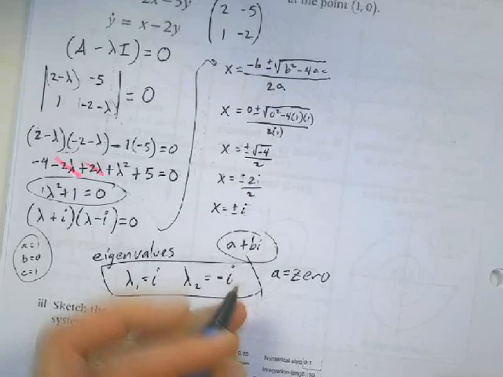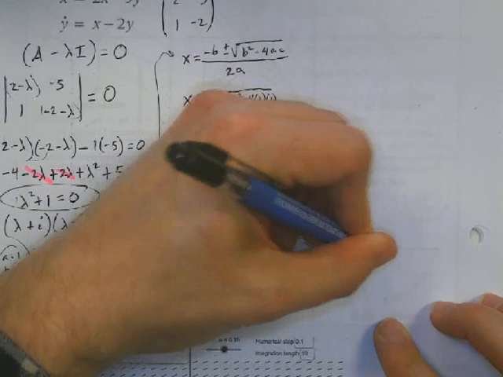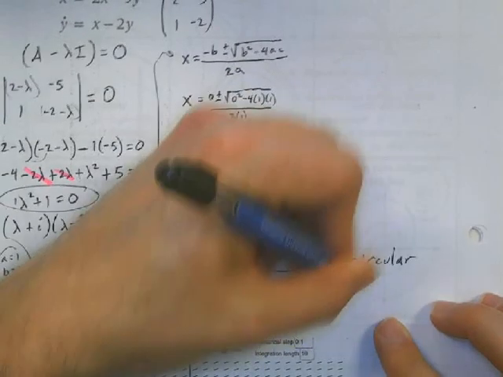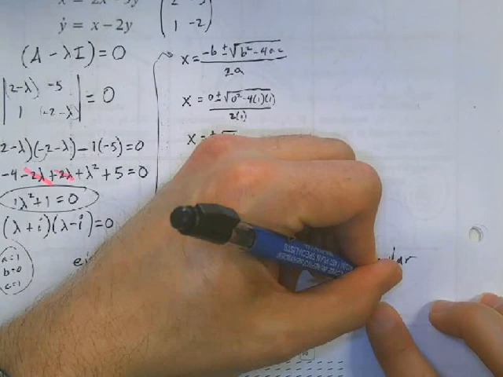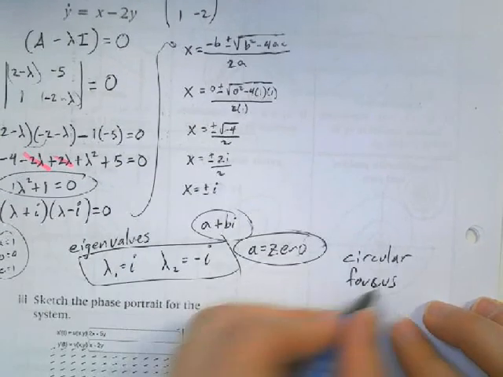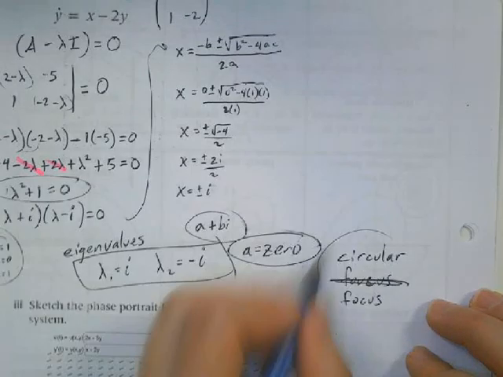And since a equals 0, we have a circular focus. Focus. I can't spell. Okay, so we got a circular focus.